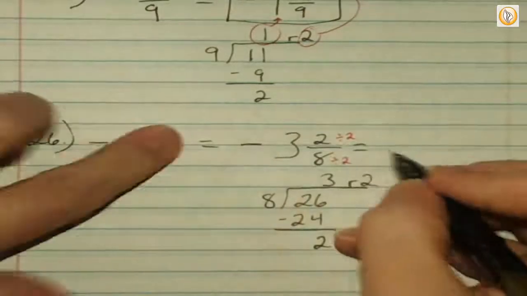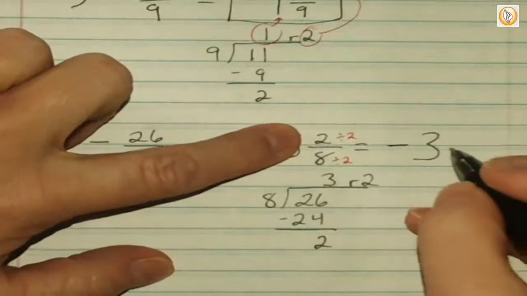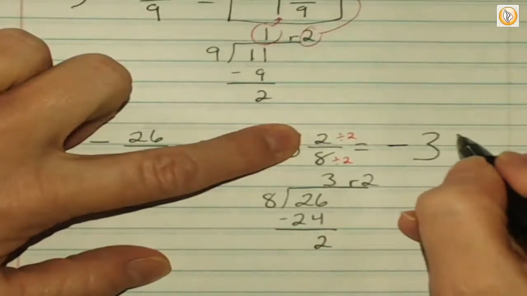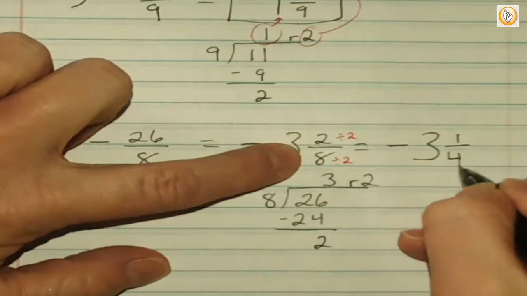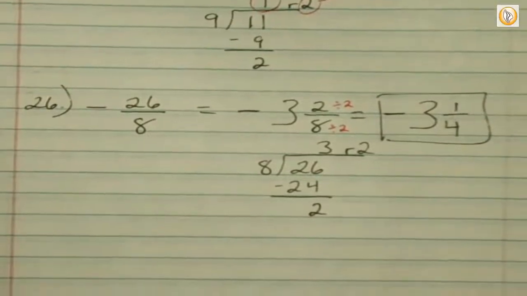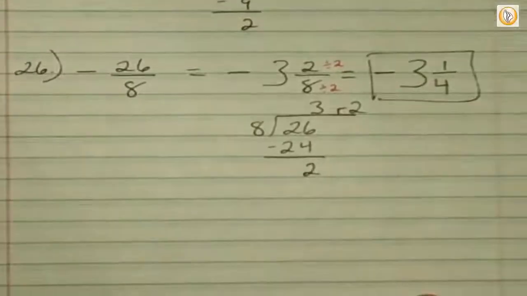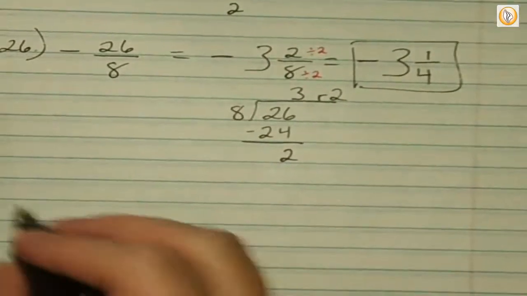So we bring over our negative and our whole number. 2 divided by 2 is 1. 8 divided by 2? 4. And there's your answer. Any questions? All right.